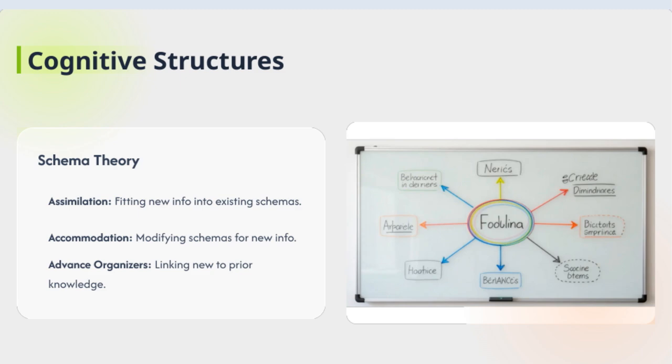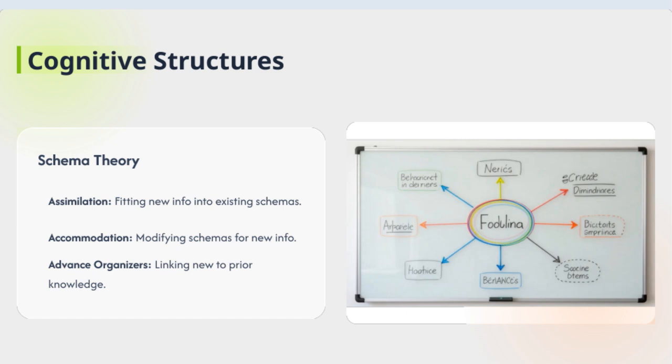This is when we modify our existing schemas or mental frameworks to include new information that doesn't quite fit with what we already know. It's like updating our understanding to incorporate fresh insights. Then there's assimilation, which is fitting new information into our existing schemas without changing them too much. It's about integrating new data into our current understanding seamlessly.